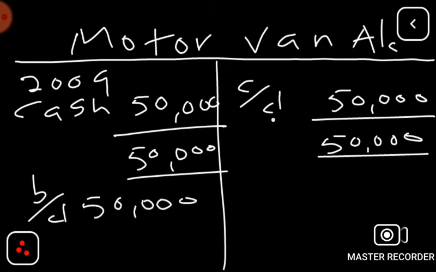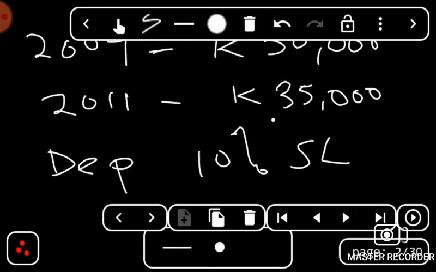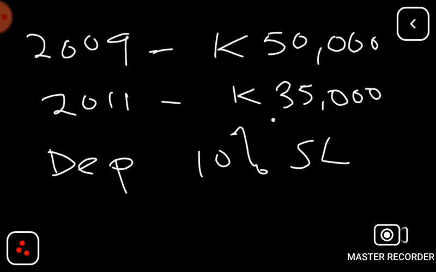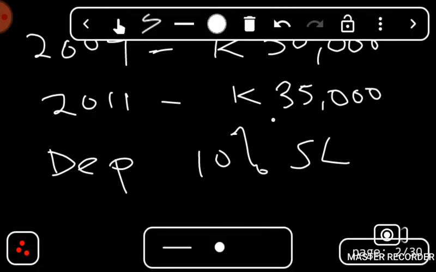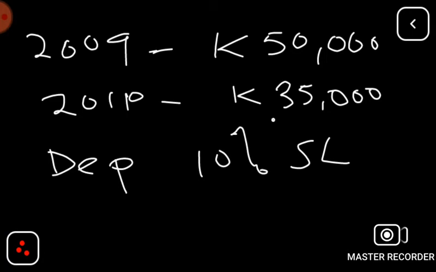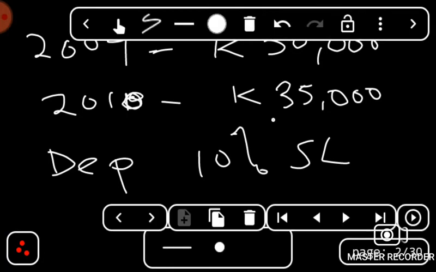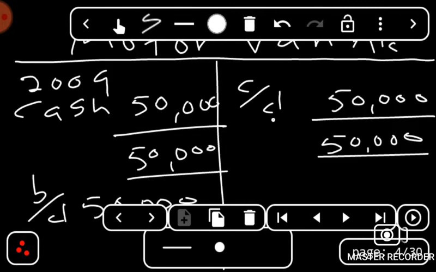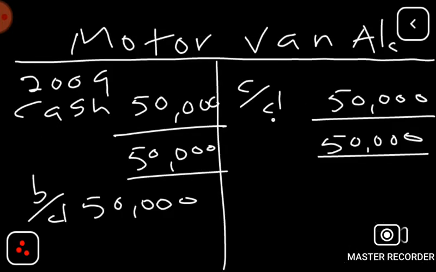This balance brought down as 50,000 shows that we still have this asset in our books. Let me just change something here for the sake of this video. Instead of 2011, let's just put 2010, so that this video is shorter than usual. So 50,000 just means that this asset is still in the business and is still running.